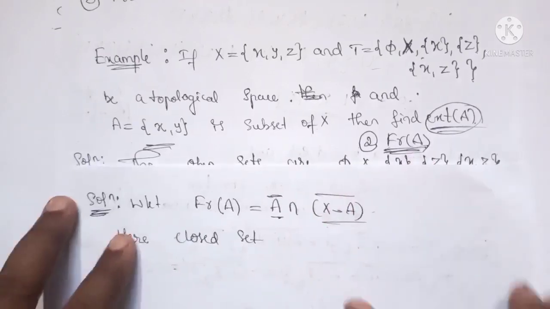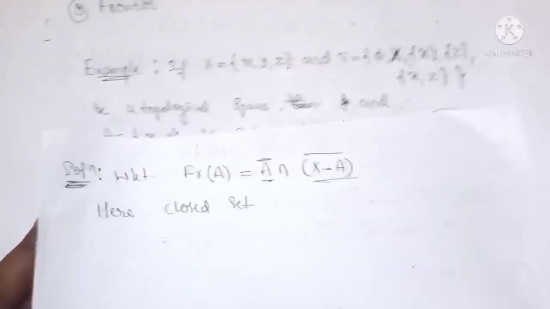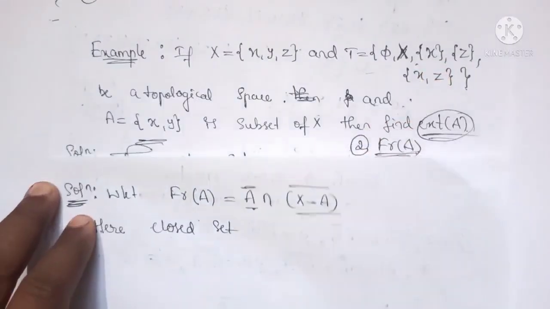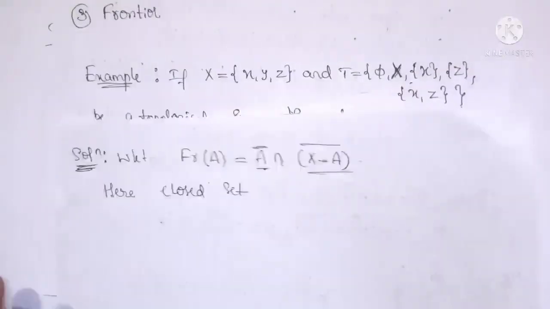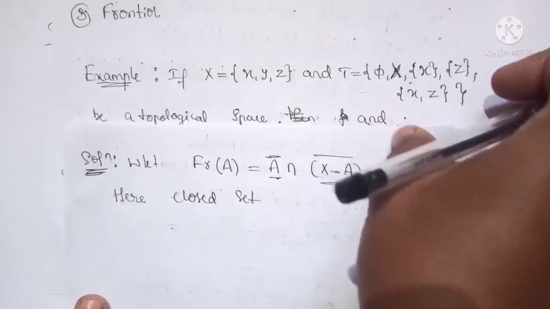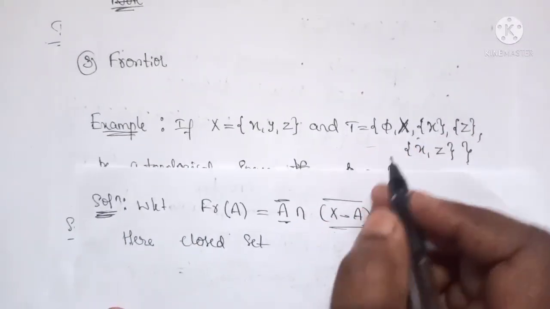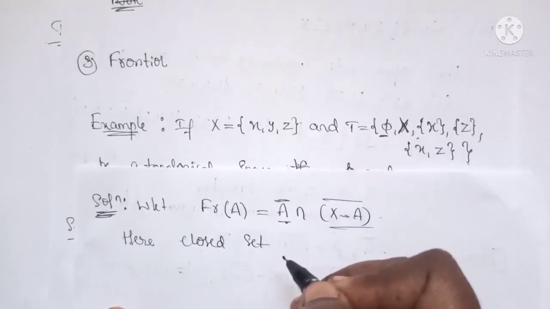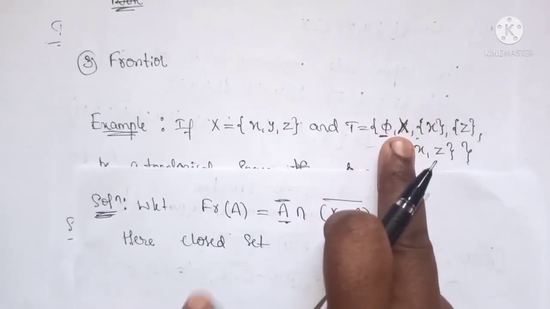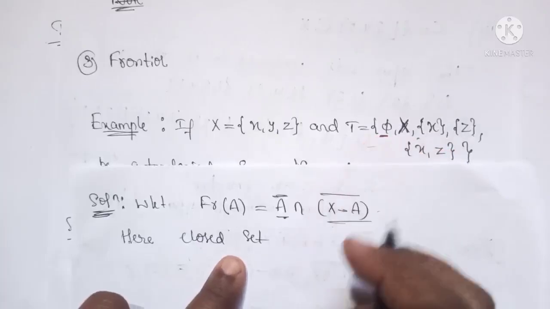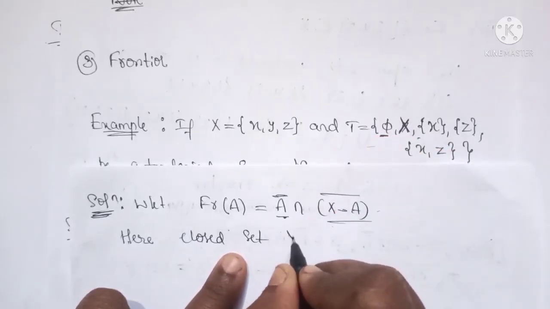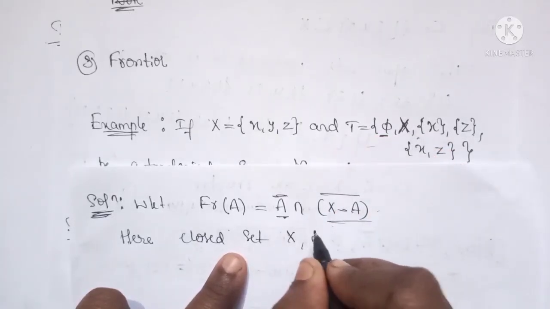Closed sets are nothing but the complements of these open sets. Recall that, or you can go through the lecture video on closed sets. So closed set is nothing but complement of an open set. Now we consider the complement of all these open sets. Phi complement is X and X complement is phi.